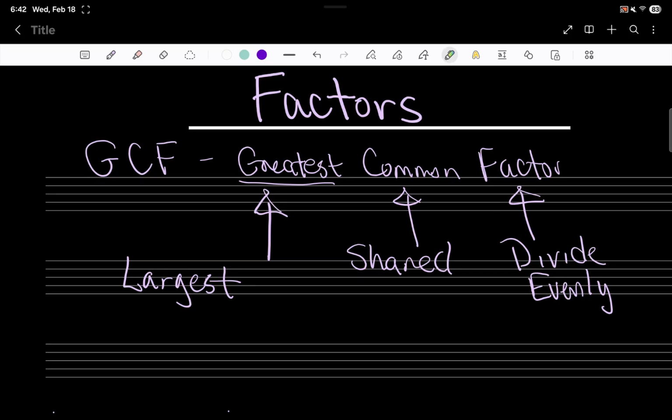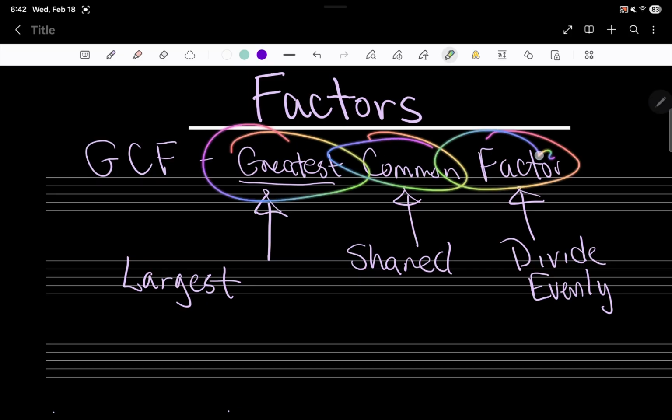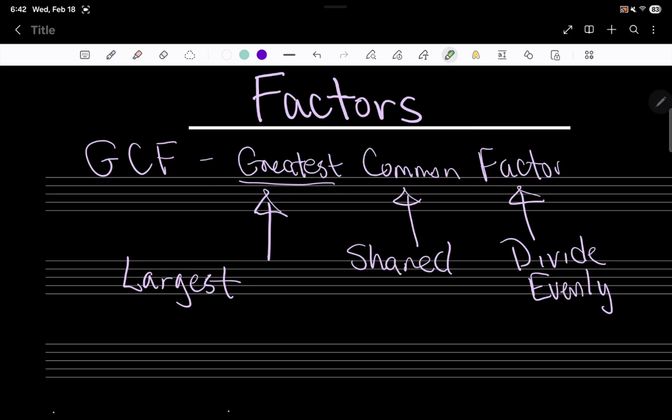So what we're going to do now is find the greatest common factor of 12 and 18.